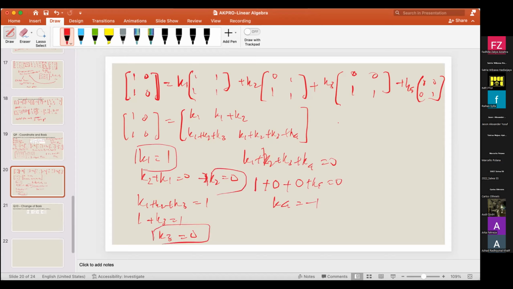And so the coordinate vector of A relative to S is (1, 0, 0, -1).